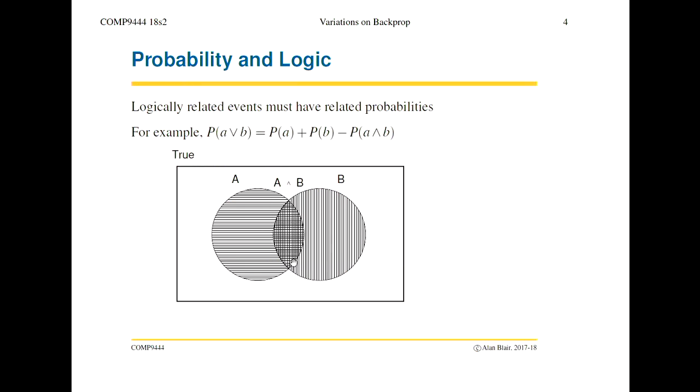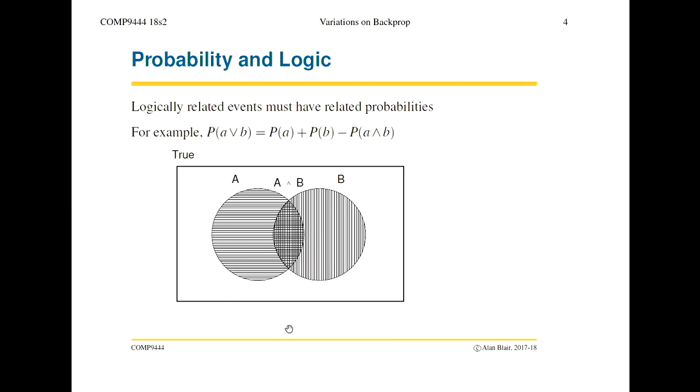Now, if we have different events, we can look at the probability of both things happening or neither of them happening, and we get these Venn diagrams. So the probability of A or B happening is the probability of A plus the probability of B minus the probability of A and B, right? We add up these 2 circles and subtract off this bit in the middle, and there's a generalization of this to larger numbers of events.